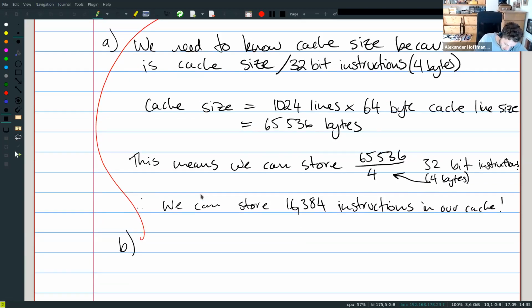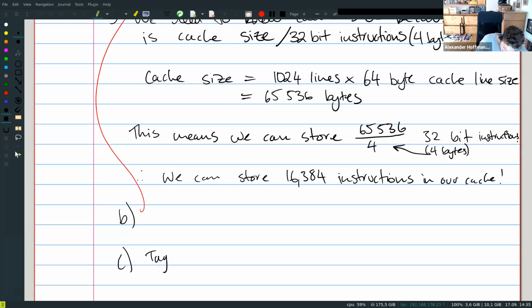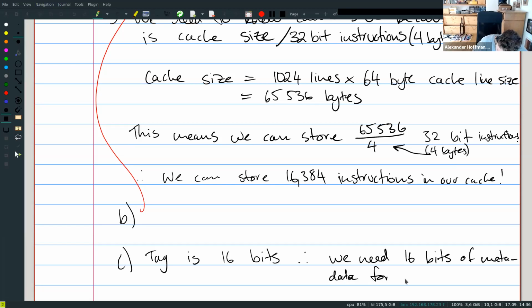So let's figure out, this is the exact same as last time. Our tag is 16 bits. Therefore, we need 16 bits of metadata for each cache line.